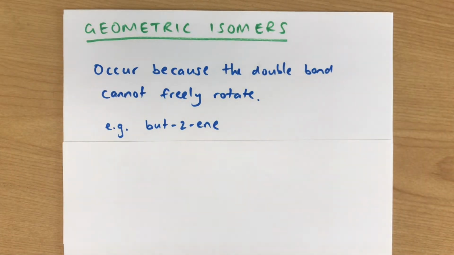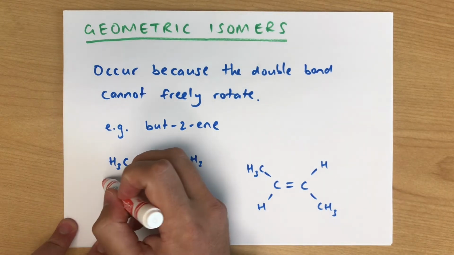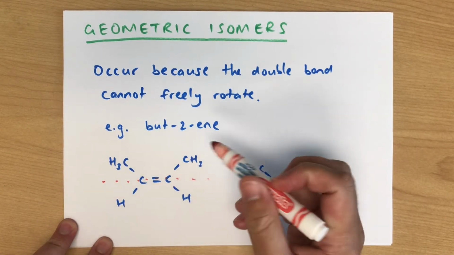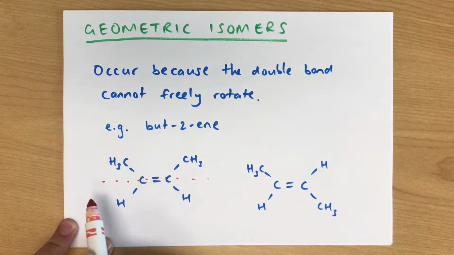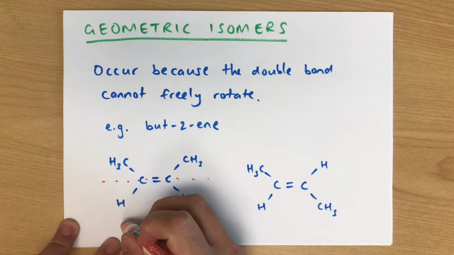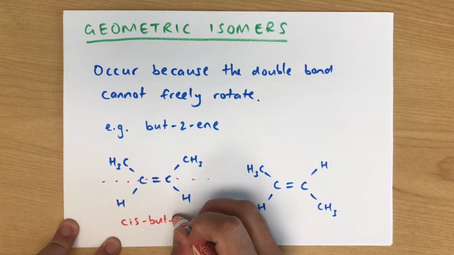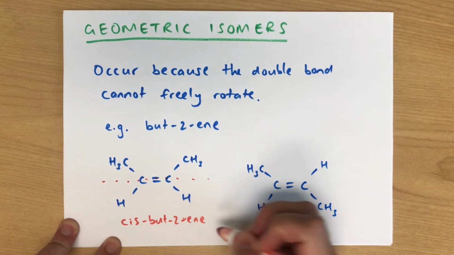We need some way to name these two different geometric isomers of but-2-ene. And so we call this version, where both the CH3s are on the same side or the top side of our double bond, cis-but-2-ene.